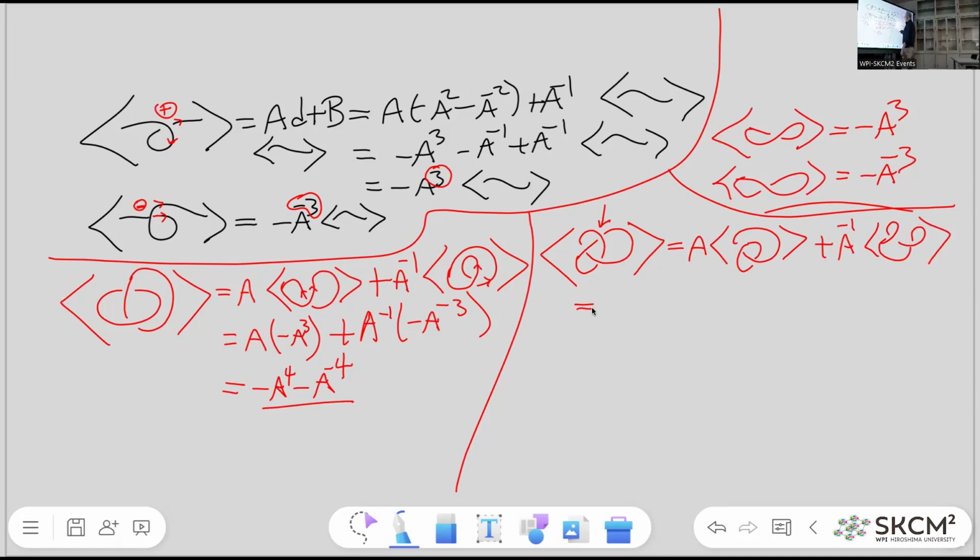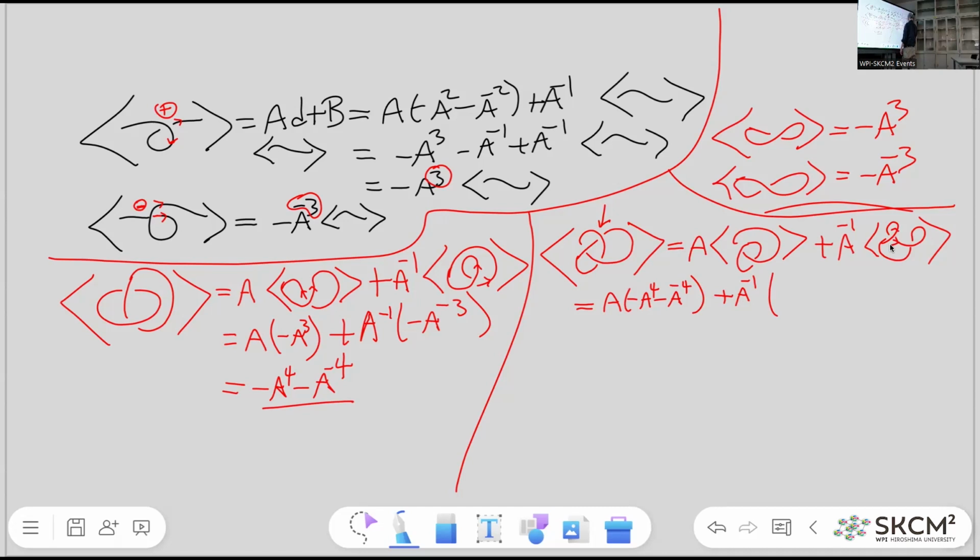Well, that means I can calculate the trefoil knot. I put in what I already calculated for the Hopf link. I get A times minus A to the fourth minus A to the minus 4, plus A inverse multiplied by, are those positive or negative?